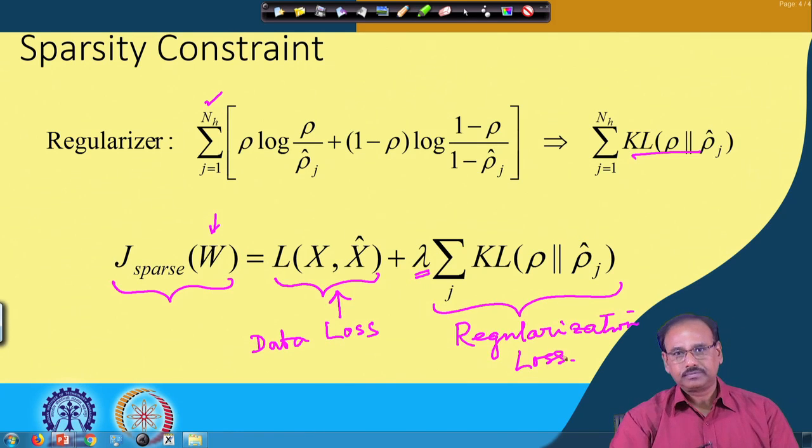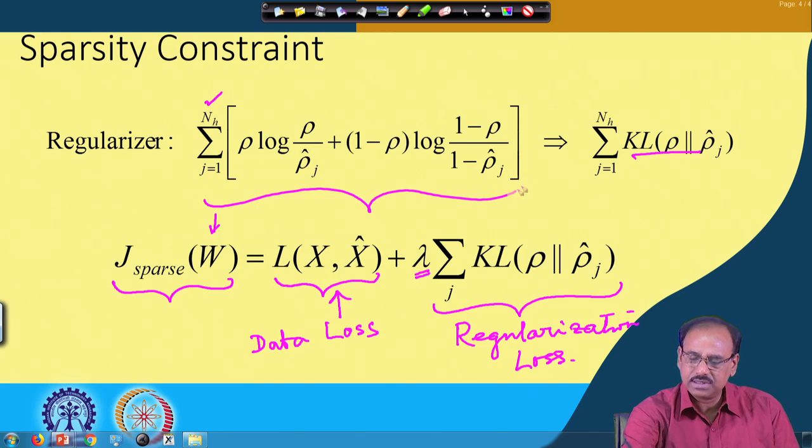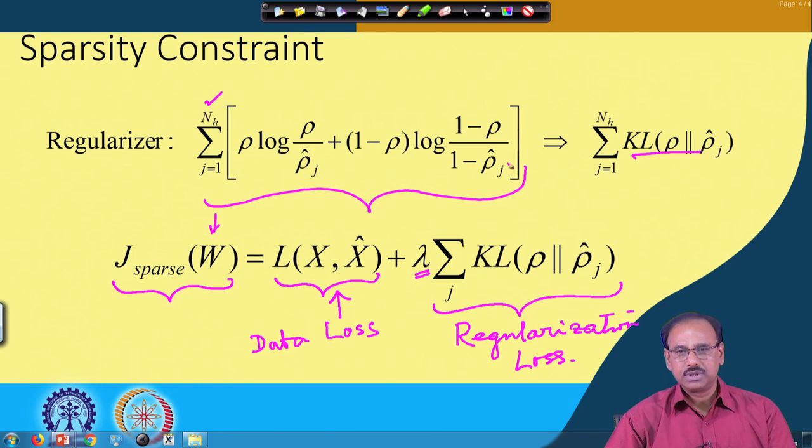This is my overall loss function, and now you can apply the back propagation learning algorithm for minimization of the overall loss function. Let us see what is the implication of this regularization loss, the KL divergence between Bernoulli distributions given by rho and rho j hat, on the back propagation learning or the gradient descent operation.